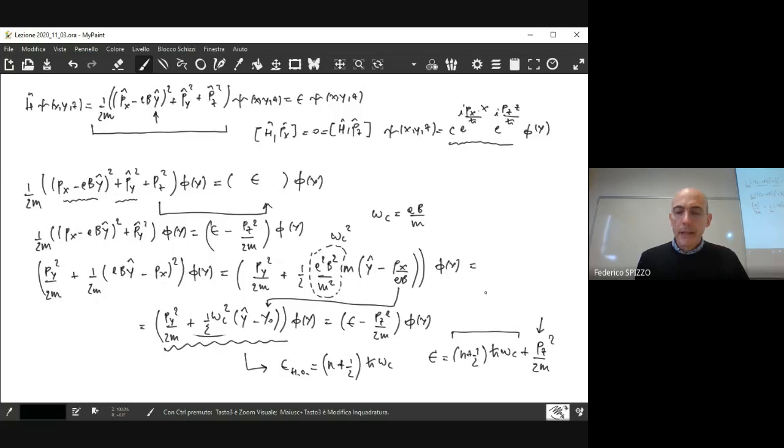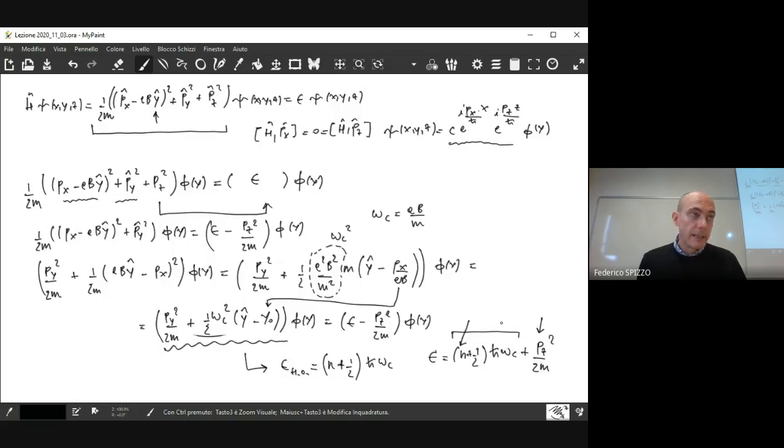So you have what is called the quantization of the orbits along the XY plane, and this quantization produces discrete levels in the XY plane that are indexed by n, by this integer.